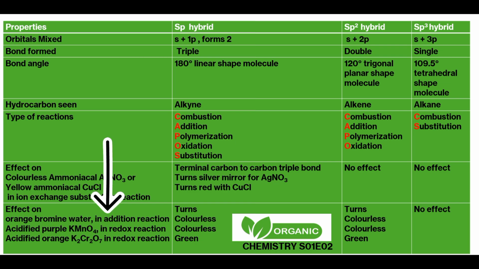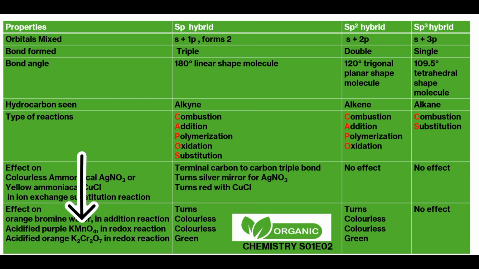Or we can use the oxidation reactions. In these reactions, there is addition of purple acidified potassium permanganate or orange acidified potassium dichromate to multiple bonds, which will change to colorless and green respectively. But the all-single bond, that is the saturated carbon-to-carbon bond, has no effect on them.